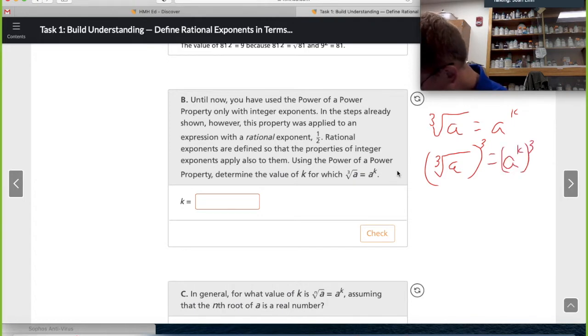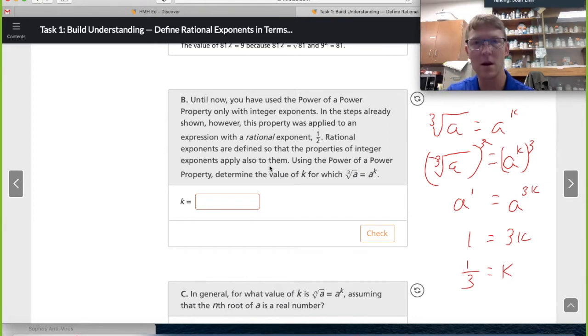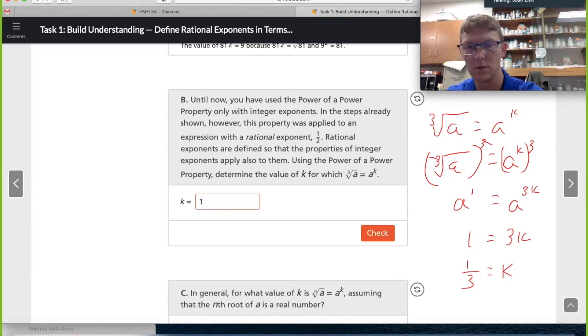Now our right side becomes a^3k, and our left side is just a, or we could say a to the first power. Since it is a to the first power, we can say 1 equals 3k, or k is equal to 1/3. So we can put in there k equals 1/3.